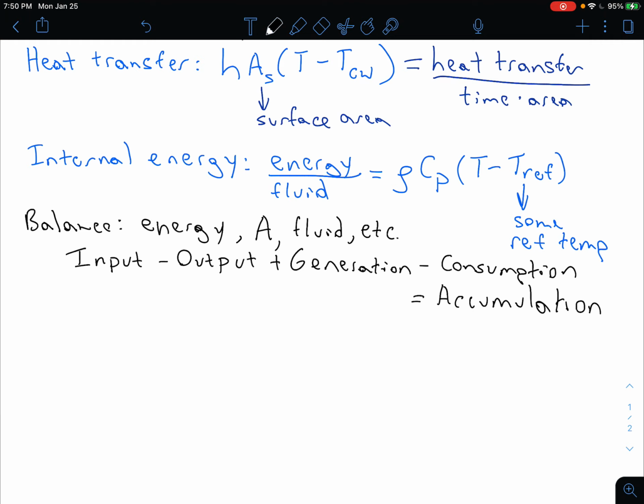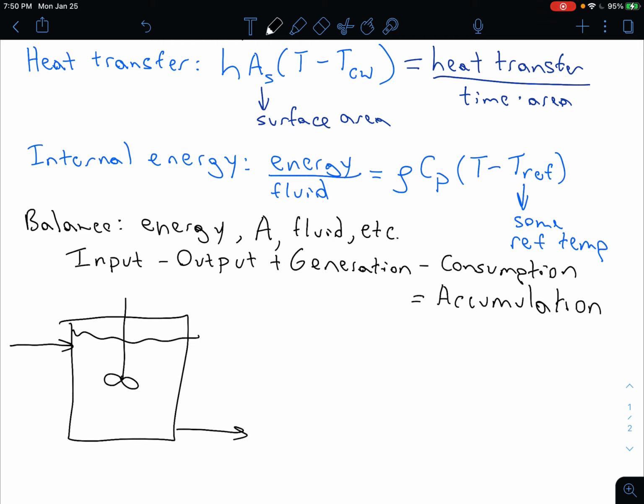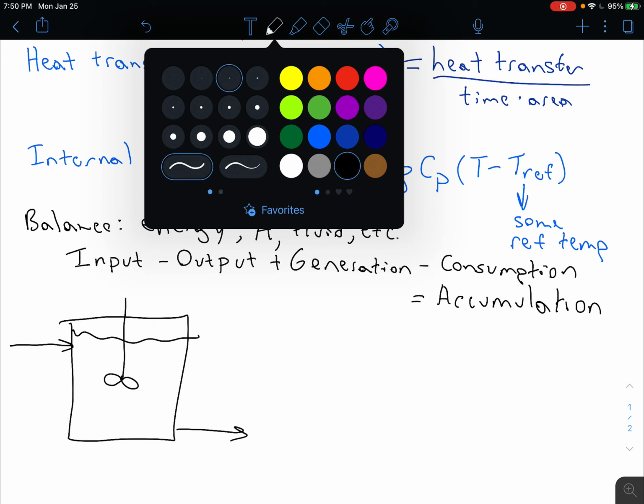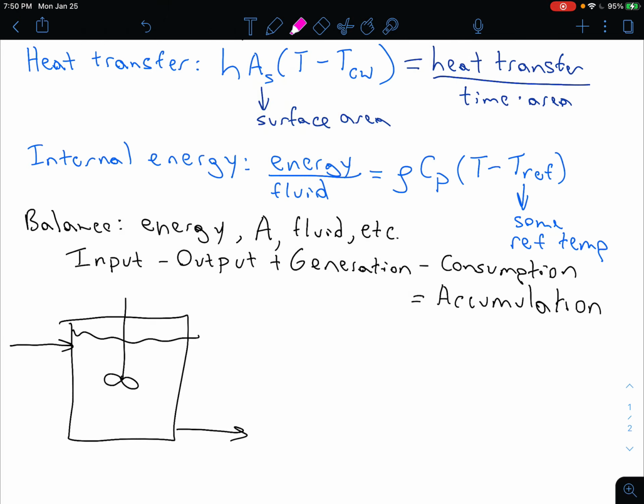So if I have a tank, the natural control volume to choose, I'm not going to talk specifically about inputs and outputs or what the chemical reaction might be, but I'll draw the streams just to have a standard picture here.